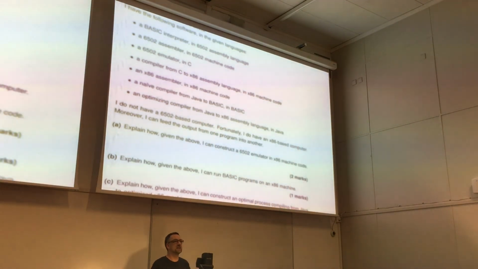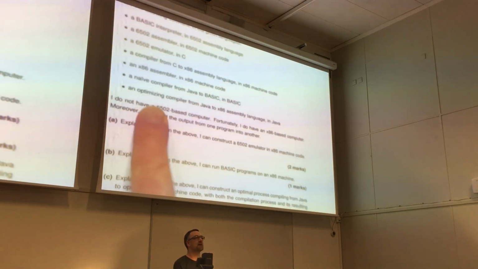What use is a Java compiler written in Java? Well, if you can't already run Java programs, how would you run the compiler? You need some other version of Java in order to run this compiler.